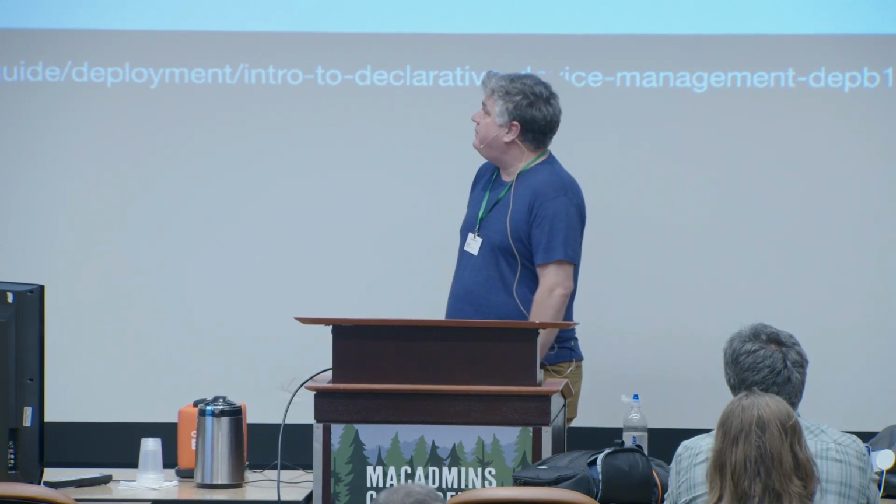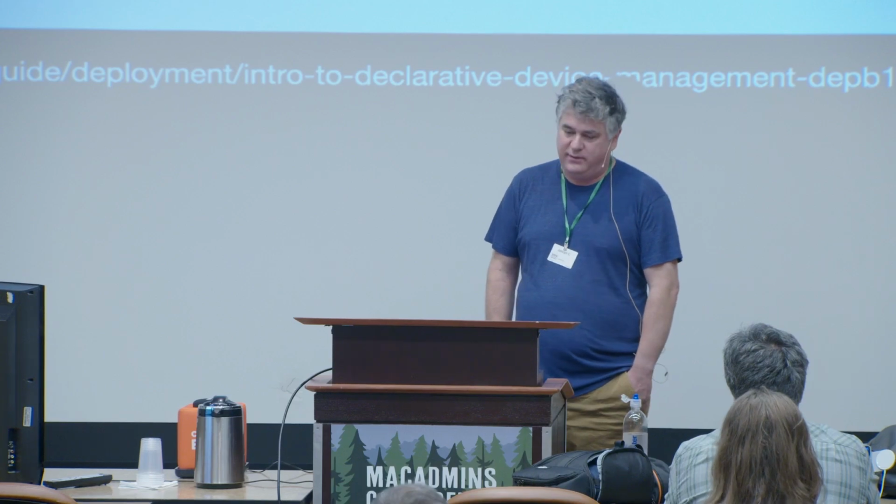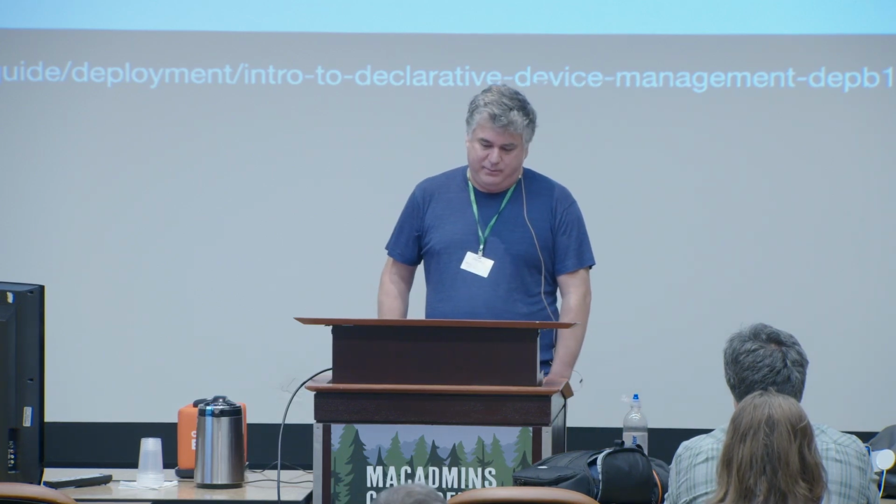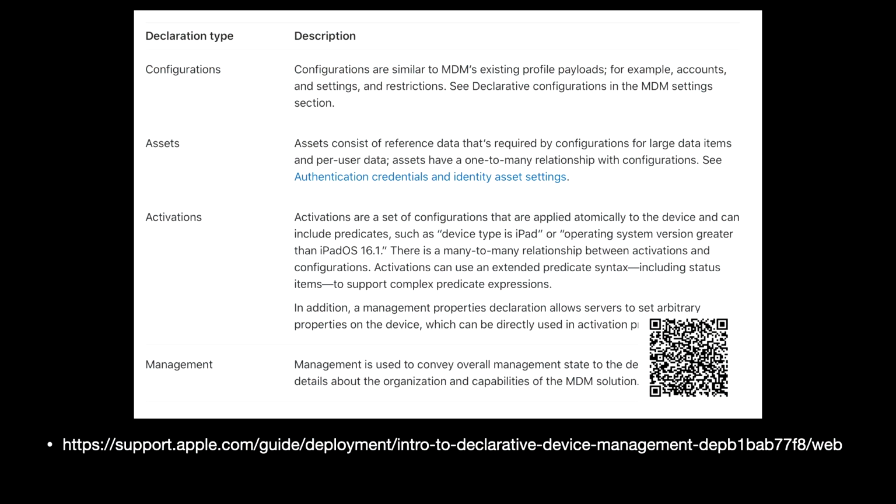So declarative is made up of a collection of assets here, or of components. The ones I want to focus on are the configurations, the assets, and the activations, and how they work together to create the declaration on your client. Configurations I think of as analogous to the classic MDM configuration profiles. You give them keys and values.